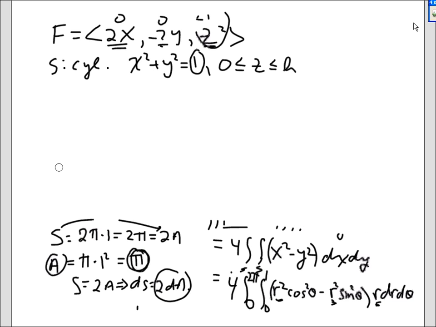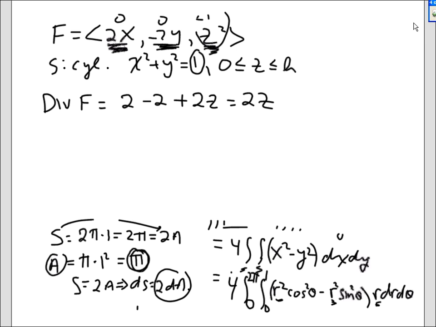And I'll tell you in a moment what that integral equals. Because the easier way of doing this is to find the div of f. The partial of this with respect to x, plus the partial of this with respect to y, plus the partial of this with respect to z.